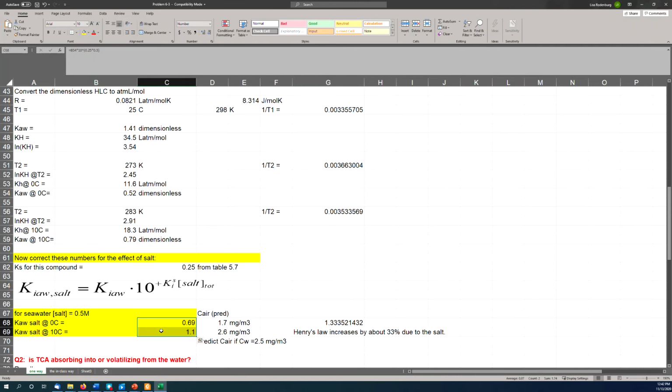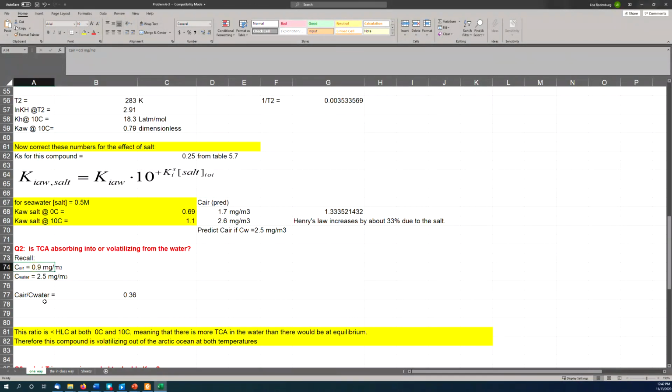And so then, if I use my concentration in the water of 0.25 milligrams per liter here, and I predict what would be in the air if it was at equilibrium with that, I get 1.7 milligrams per cubic meter at 0 degrees and 2.6 milligrams per cubic meter at 10 degrees Celsius. Okay, and then we compare that to what we actually measured.